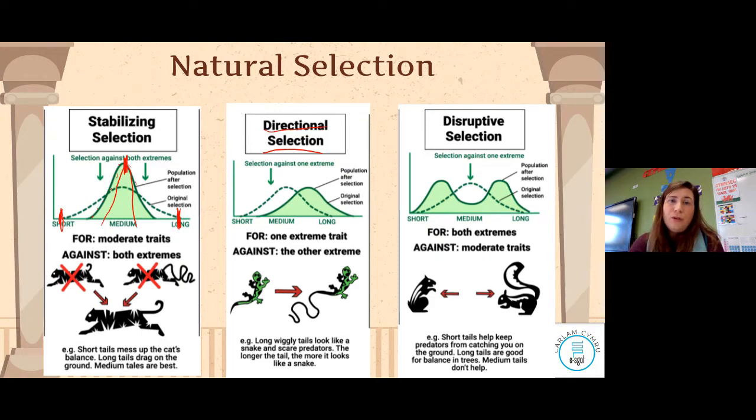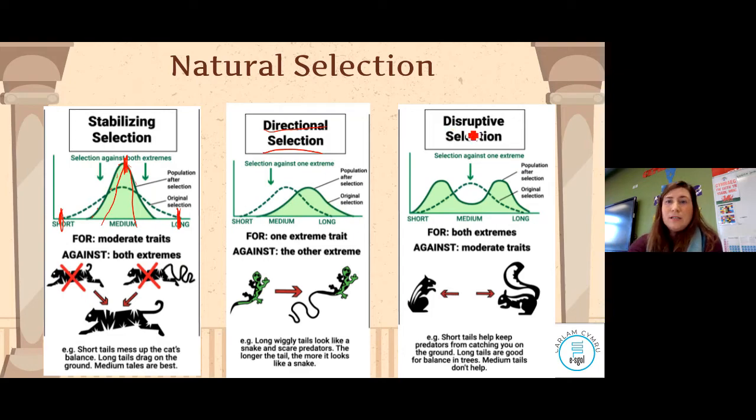We're selecting for the advantageous phenotype. So over time, the average phenotype changes. So instead of this being chosen for, this is selected against, and we have the new phenotype becoming more popular. And you've got an example here. Okay, the more it looks like a snake, the better it does.